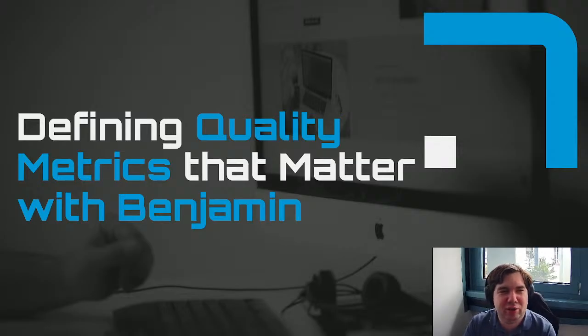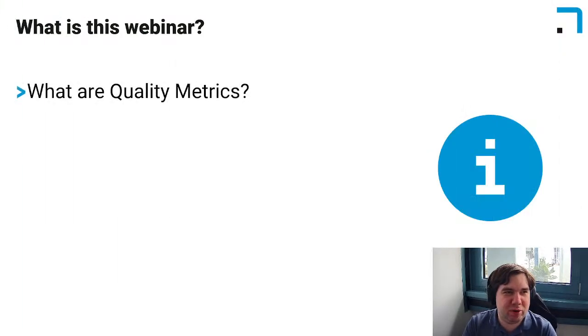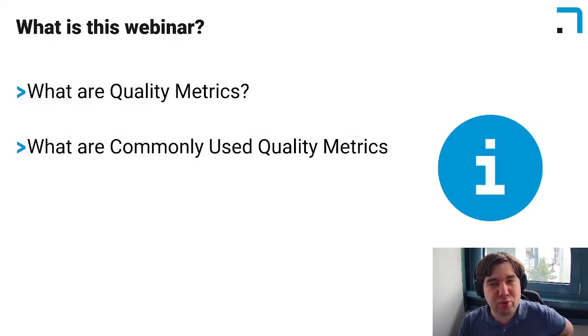And we're really going to look today at what quality metrics are in testing, why they matter in general, and how we can make sure that we use the best quality metrics in our testing. Or, to put it simply, what are we doing in this webinar? We're looking at quality metrics in general, giving a general definition, as well as looking over what some commonly used quality metrics are.